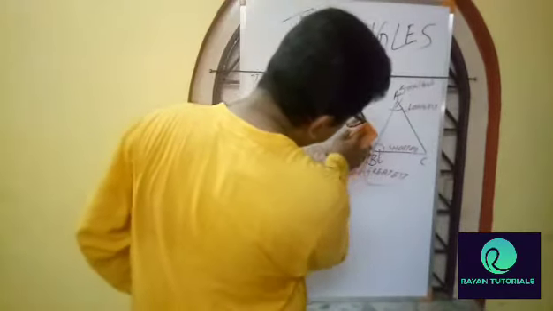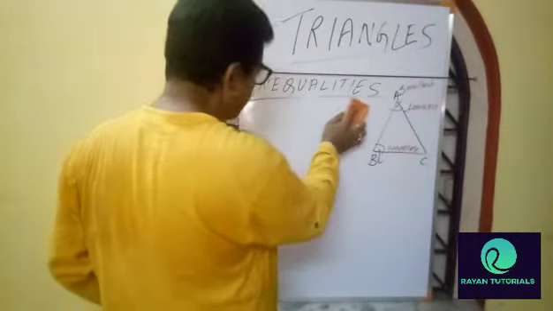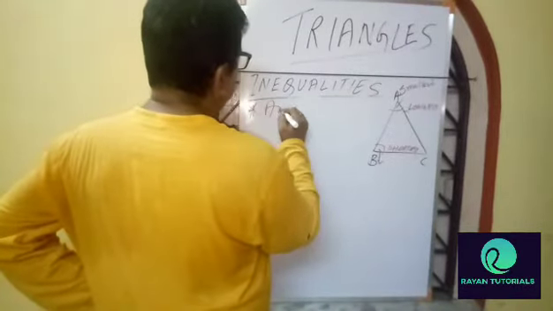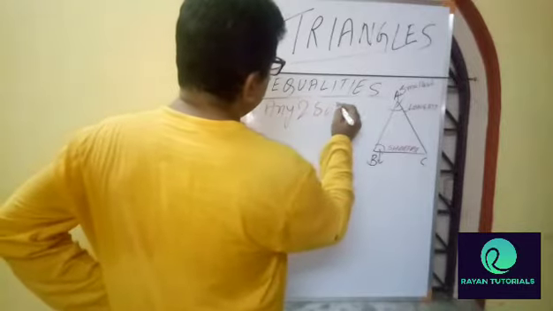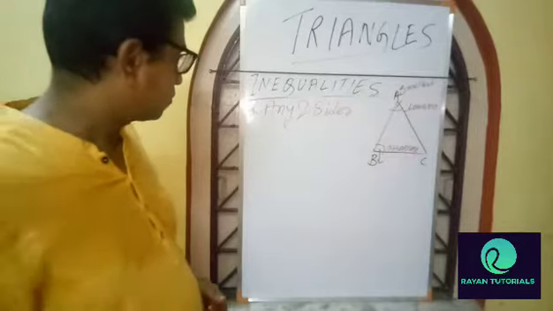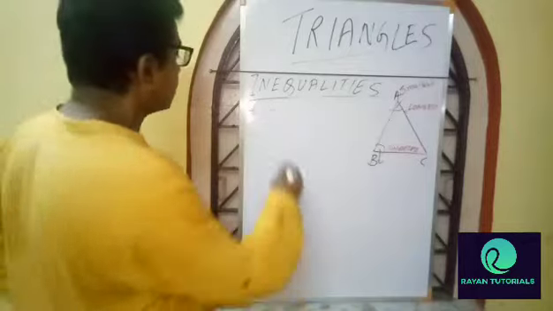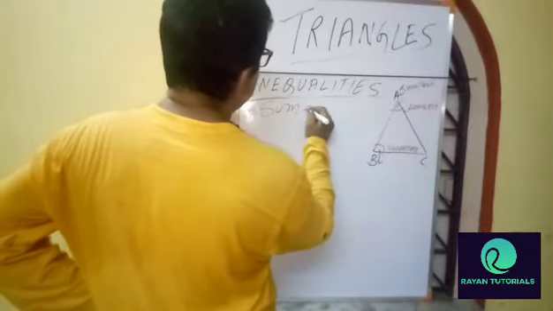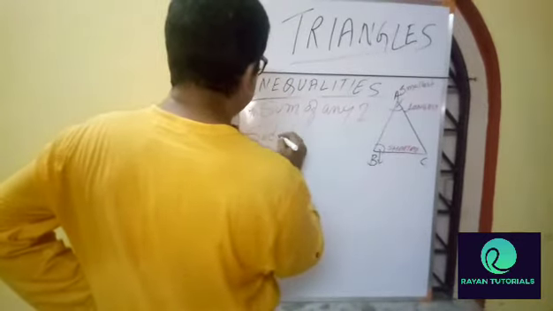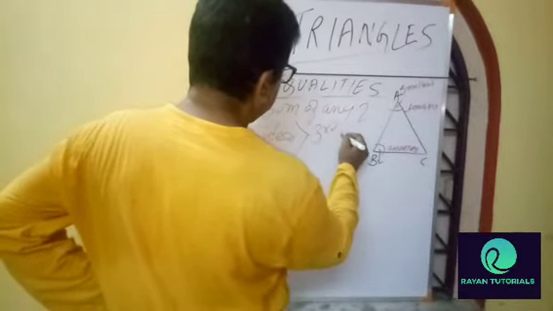Number 3. The sum of any two sides will be greater than the third side.